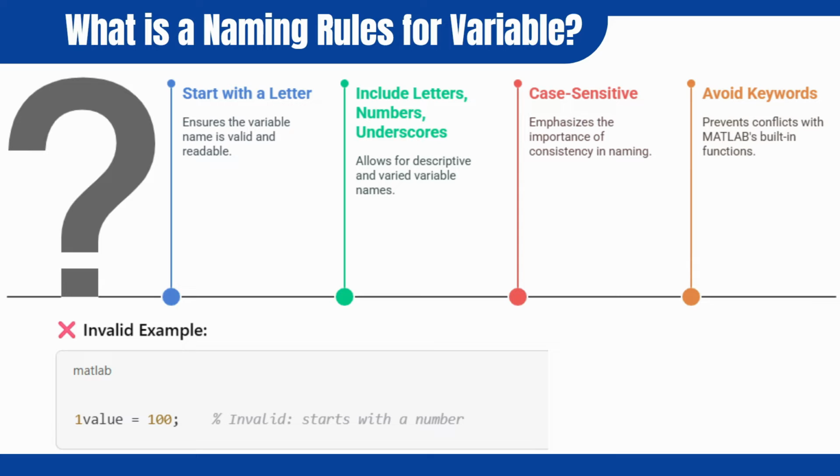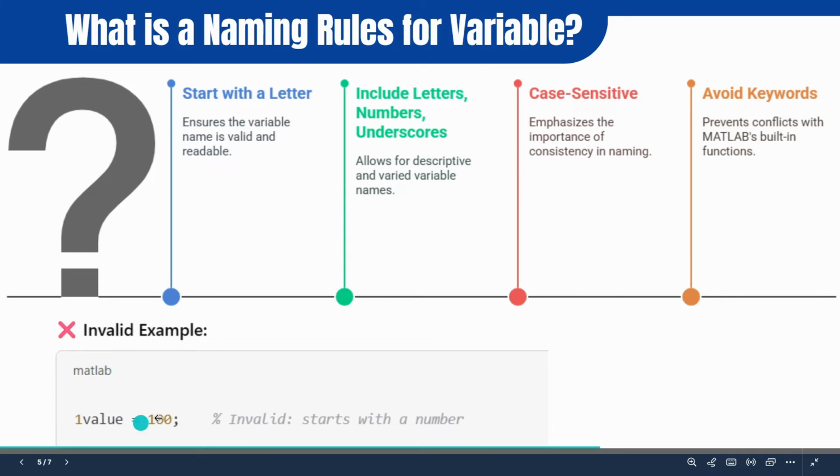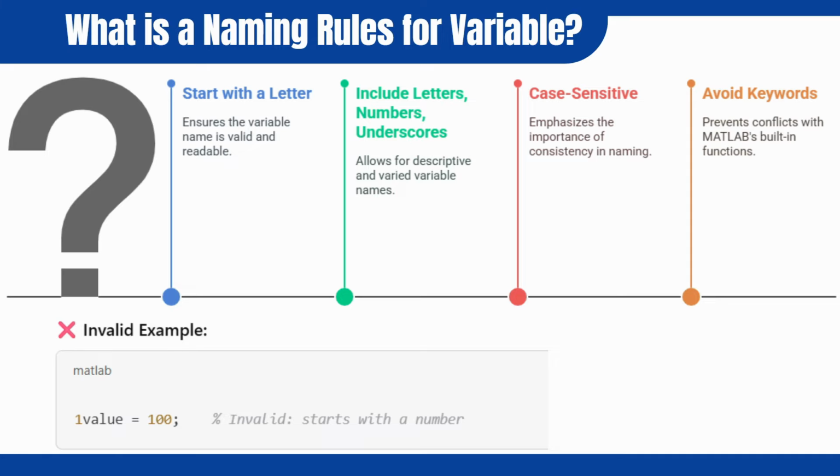Avoid keywords to prevent conflict with MATLAB built-in functions. Some built-in names exist in MATLAB, so we have to avoid these keywords and keep that in mind. Here is an example: 1value = 100 is an incorrect variable name. We cannot start with a number, so we can start with a letter, whether uppercase or lowercase.